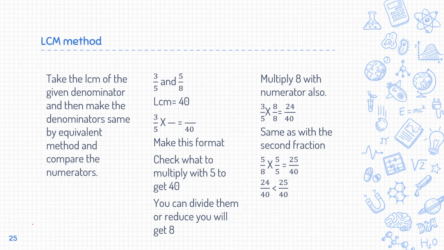Then we have to make the denominator same by the equivalent method. Equivalent method की हमने definition पढ़ी थी equivalent की. What are equivalent fractions in episode 1? So equivalent fractions are, suppose you have 2/4, and it can be 4/8.